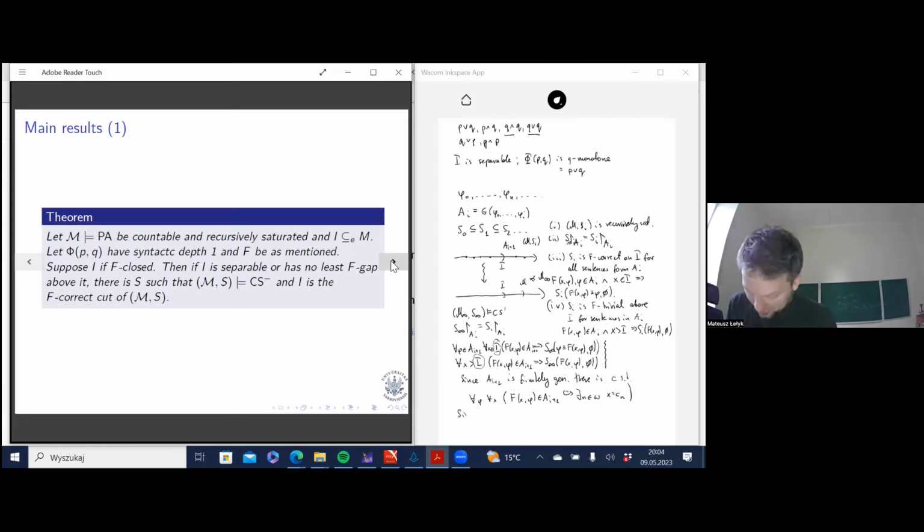So since I is separable, you can separate these positions in C which belong to I from the ones that do not.